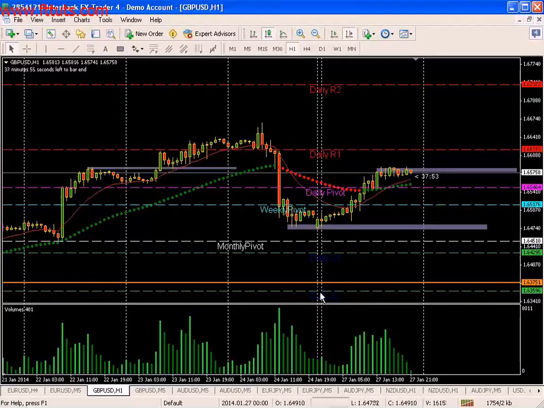Here's R2 and S2. Sometimes the R1 and S1 are going to be, if it's a small range the previous day, like after this, like a small range day, you'll have R1 and S1 sort of close together. So if it's really going to have a healthy range for the day, you're probably going to break that R1 and S1 as support resistance. R2, S2, I do like those as, again, point of confluence on the setup.